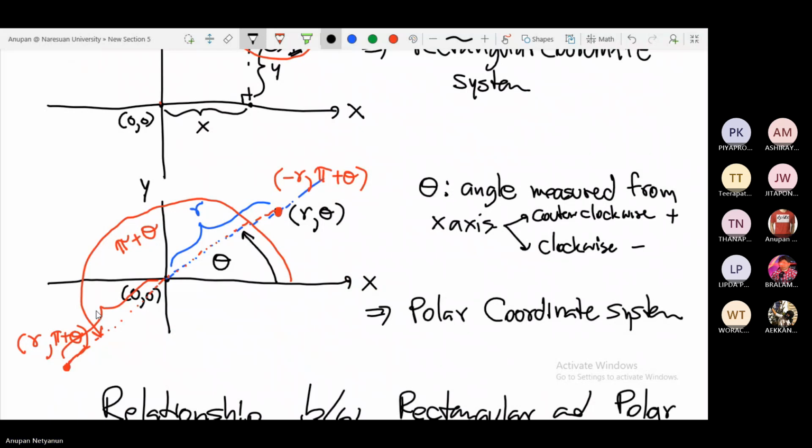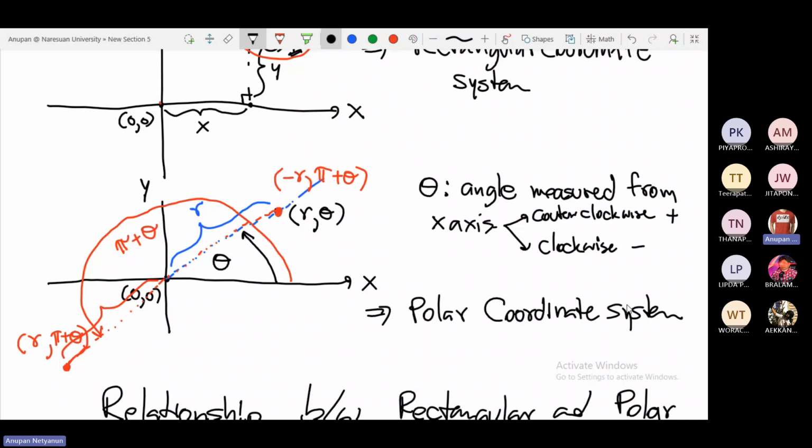Hence the polar coordinate system. When you do the double integral in the polar coordinate system, it is suitable for a region that has a smooth curve, for example a circle.